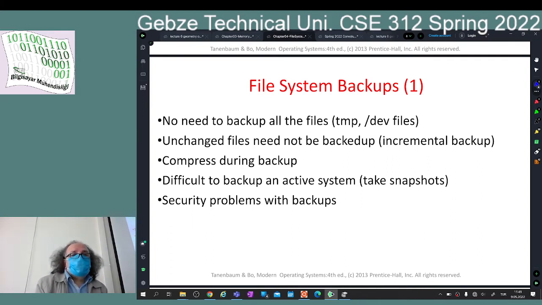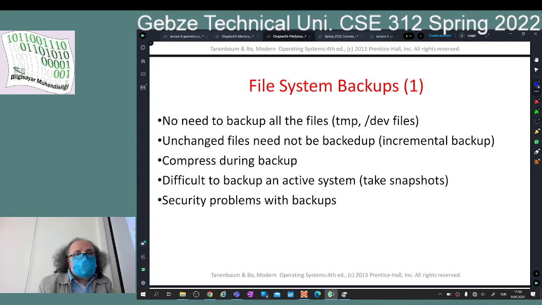So I don't have to take backups of the temporary files or the /dev files. /dev files are the device files, your device drivers. They don't change. You don't have to take them because they belong to the operating system. They are part of the operating system. Those are not my personal data, so I am not going to take backups of those.